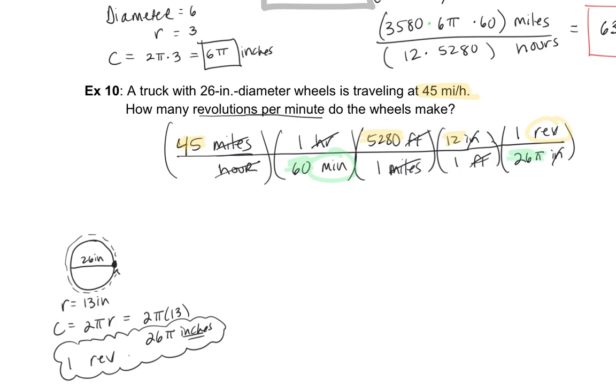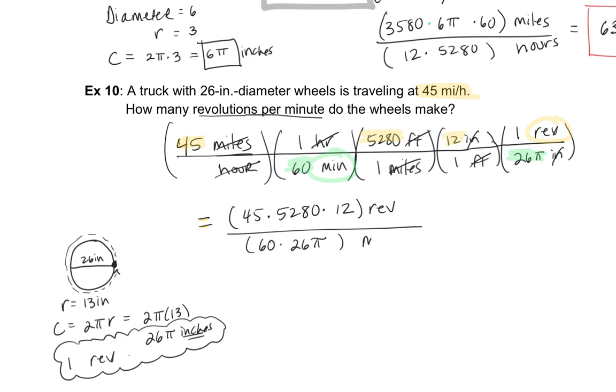So now I'm just going to write all that, just kind of simplify that a little bit. Okay, in the numerator, I have 45 times 5,280 times 12. The units there are revolutions. In the denominator, I have 60 times 26 pi, and then the units there are minutes.